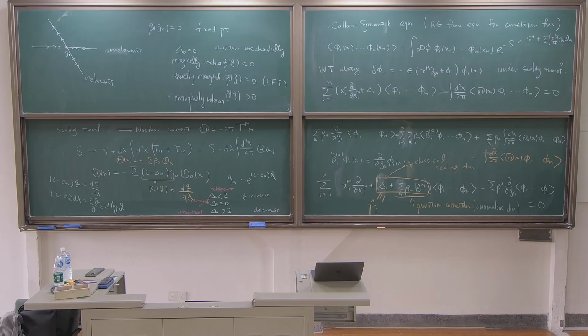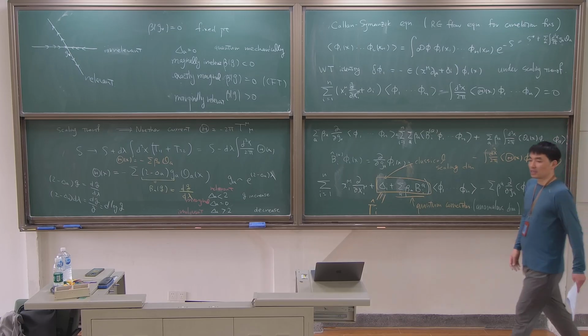And using this Callan-Symanzik equation, we can derive the so-called Zamolodchikov c-theorem and so on. But before going there, let's take a break. If you have a question, just tell me. Feel free to ask me. Okay.